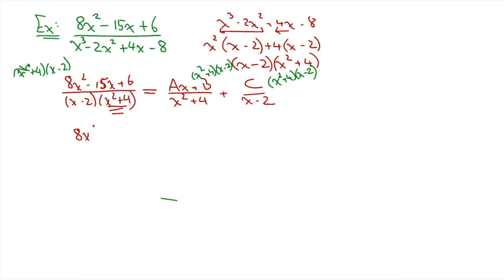8x squared minus 15x plus x is equal to (ax plus b) times (x minus 2) plus c times (x squared plus 4).